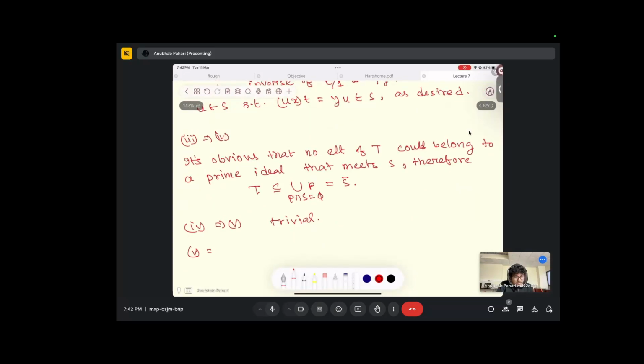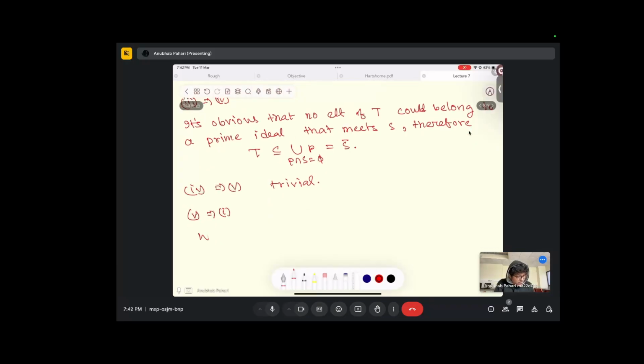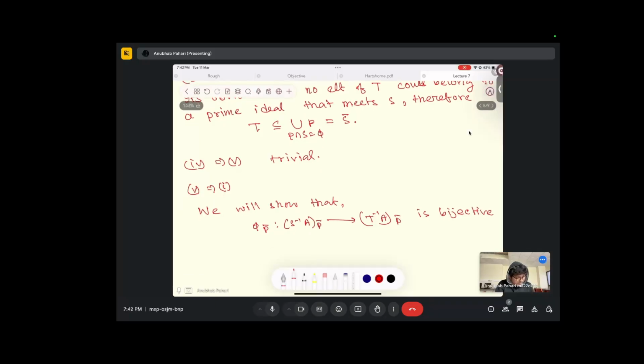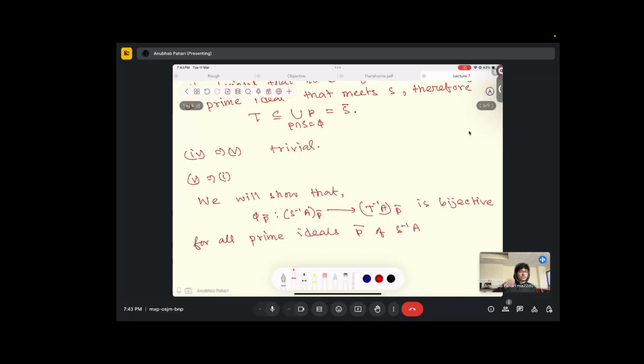Now for the last part, we will show that phi p bar, S inverse A p bar to T inverse A p bar, is bijective for all prime ideals p bar of S inverse A. So this will imply that phi itself is bijective, because bijection is a local property, right?